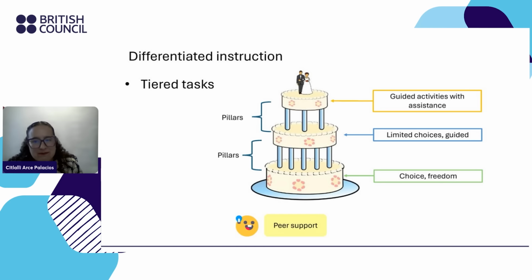We are not depending only on the support of the teacher, but also on peer support. So I think this is what makes this model round. So yes, as you said, they are easy activities, so they don't require a lot of effort or a lot of time.